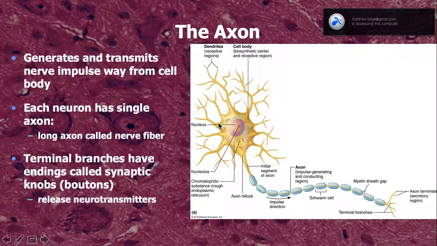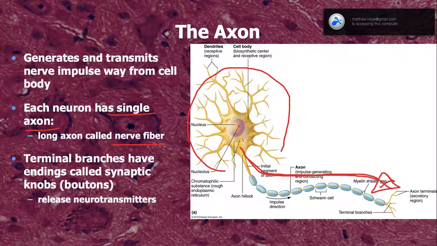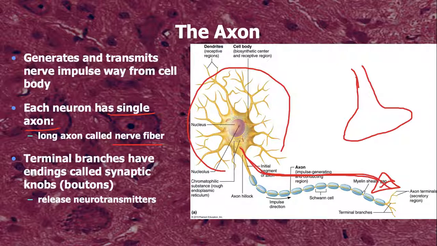At the end of the axon, we saw they look kind of like that from our muscles, and then they release neurotransmitters down here. Does that look familiar? So these endings can be called synaptic knobs because they're kind of knob-like.